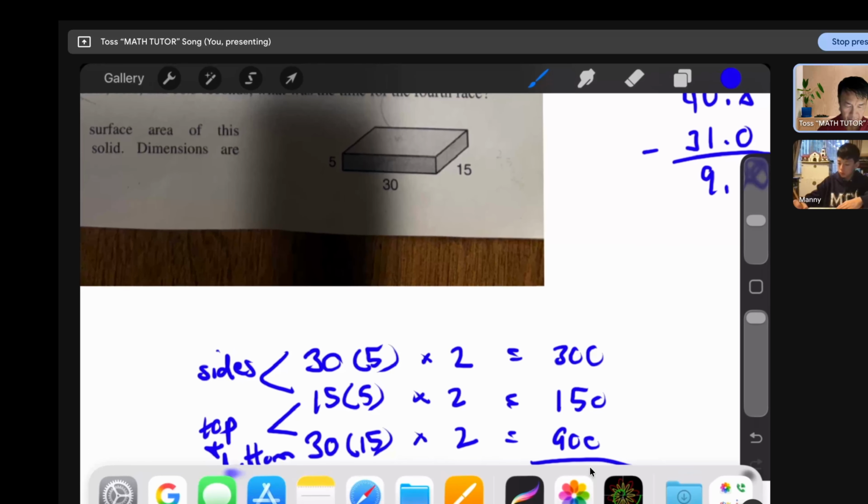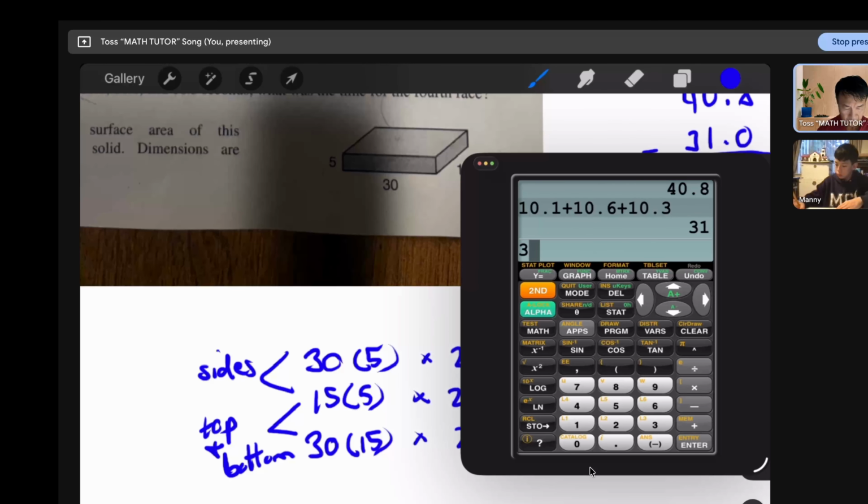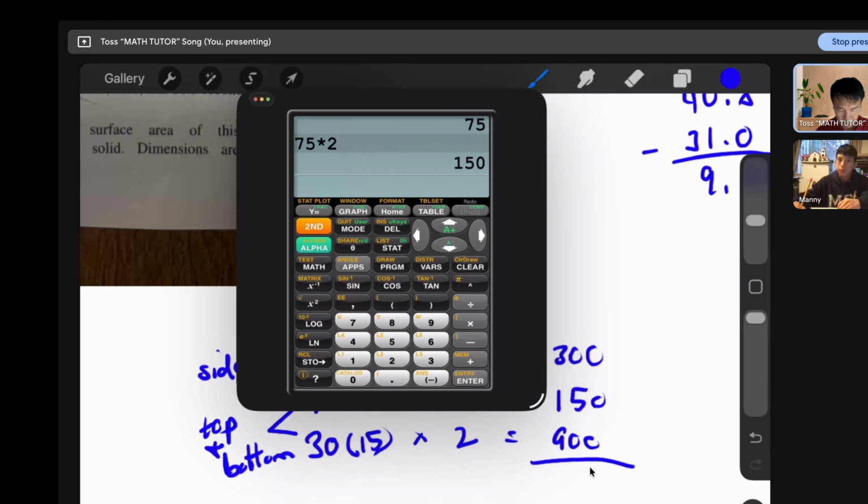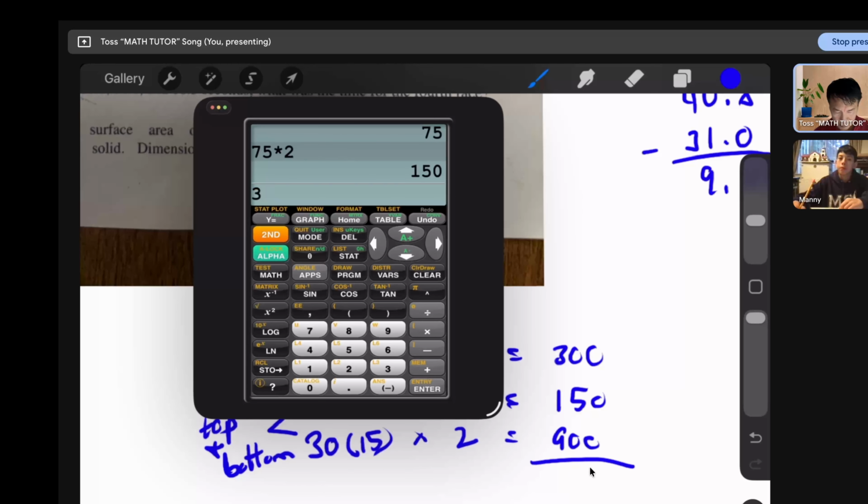Okay, I'll double check with the calculator. 300. 15 times 5, 75 times 2, 150. And 30 times 15 times 2.